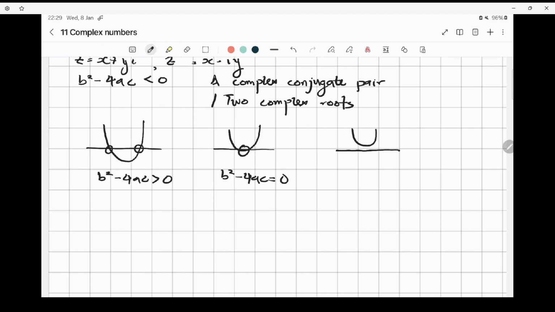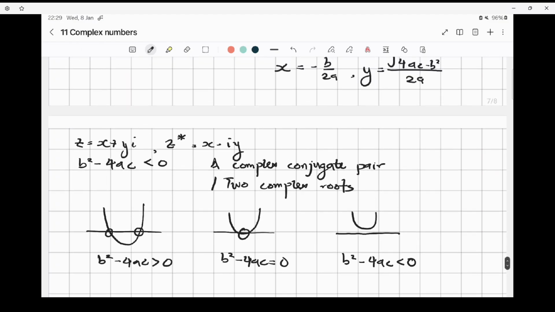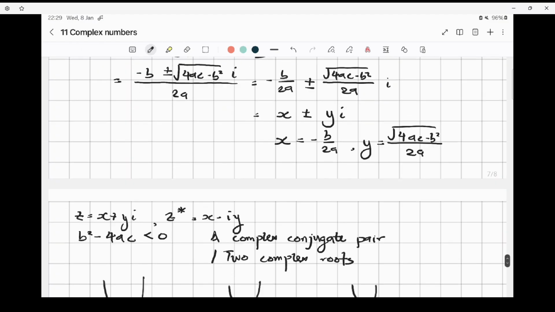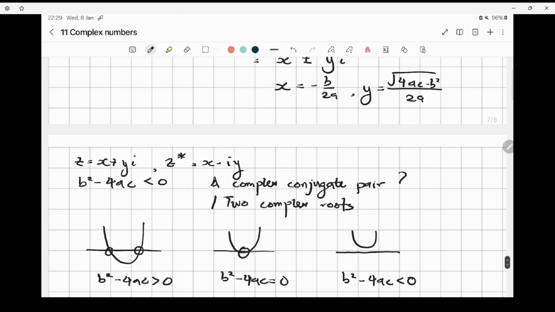And when b squared minus 4ac is smaller than 0, there's no intersection. But it's actually not true, because the intersection happens in a complex plane, which you can't see. So that's the update for the quadratic equation. From now on, you need to use this updated rule for b squared minus 4ac smaller than 0.